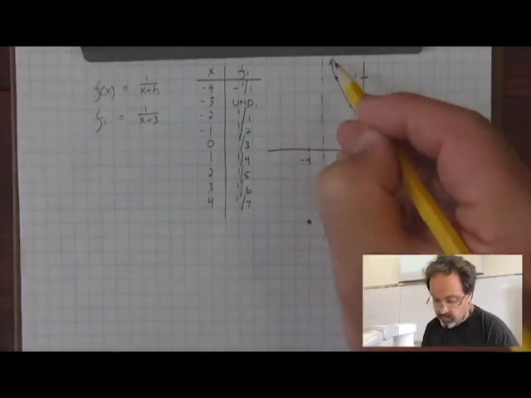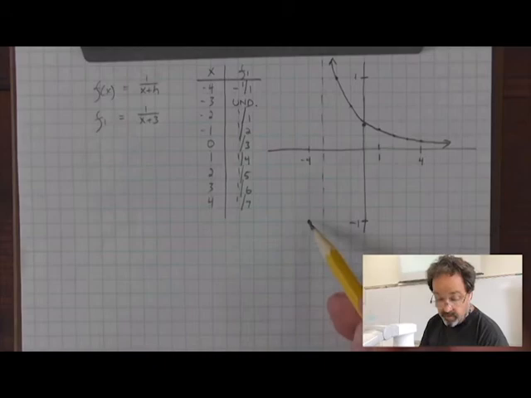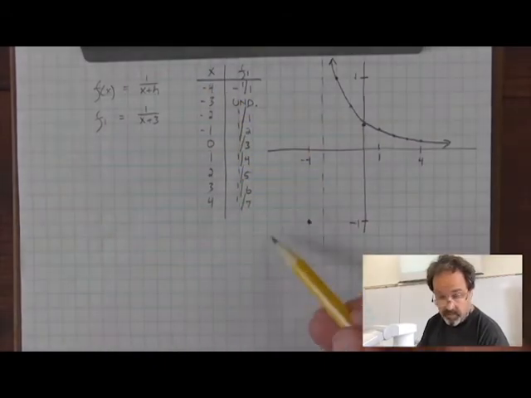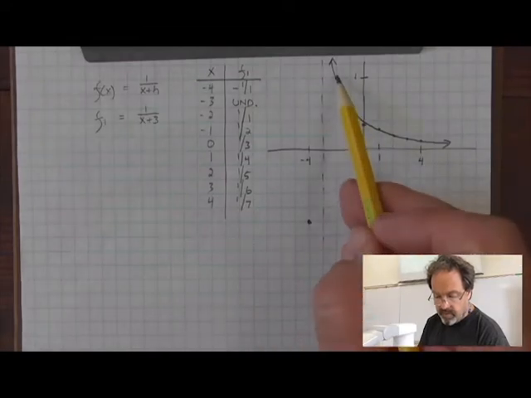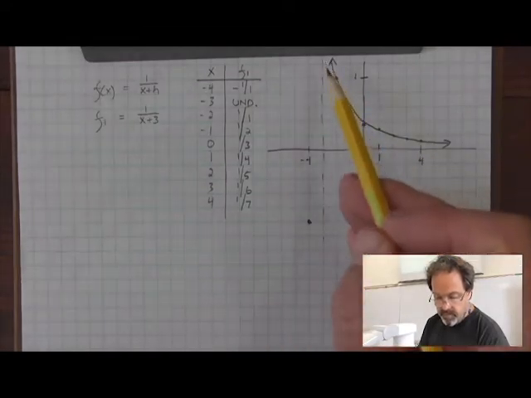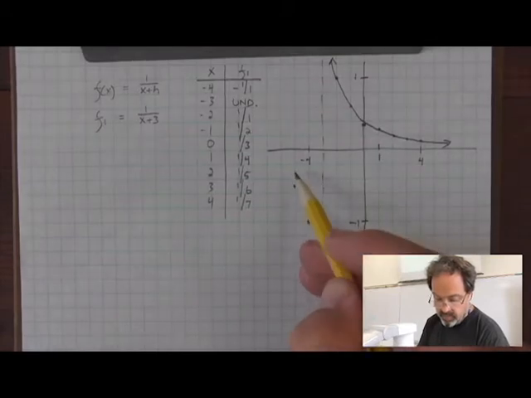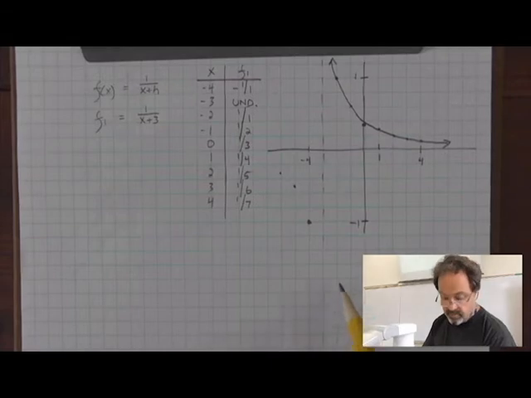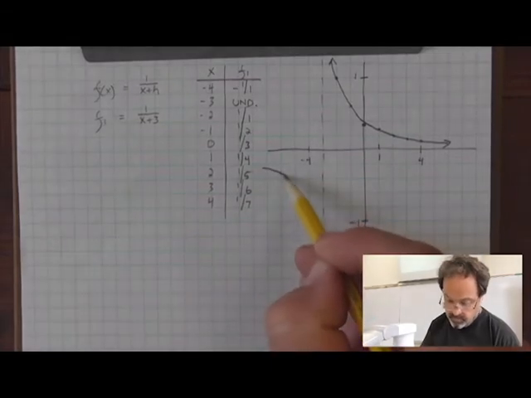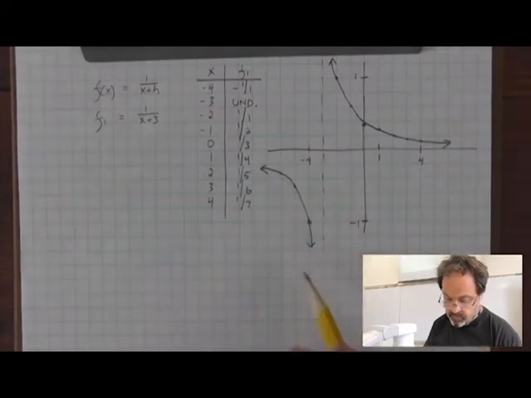It's going to look like this. Now I don't have so many points on the other side, but if I put more information in my t-table and got some more negatives, what I'd find is that it mirrors this kind of curve. It's going to get closer and closer to the x-axis, making the same kind of symmetrical curve. Looks like this.